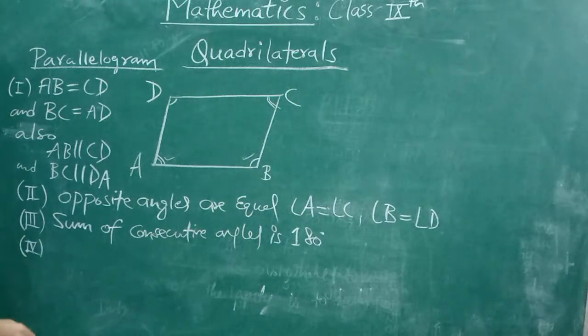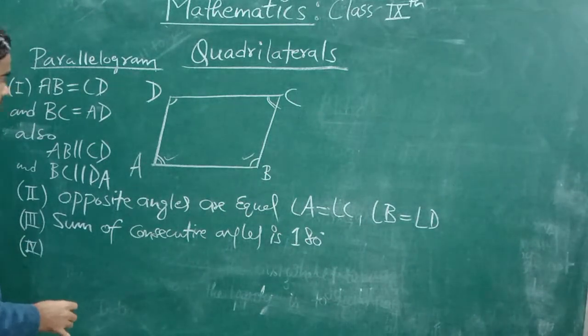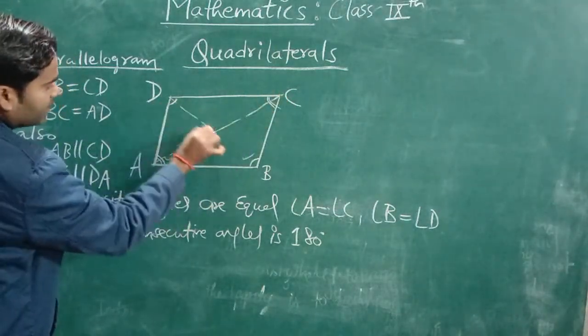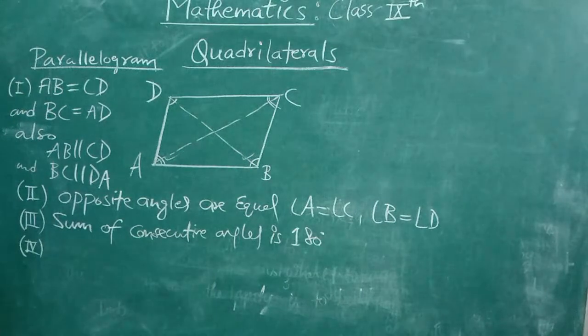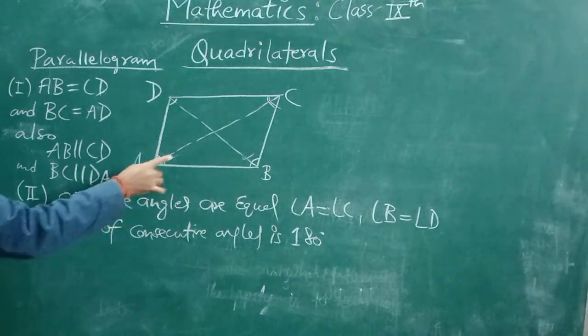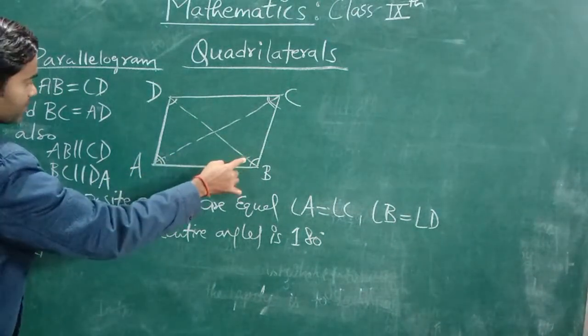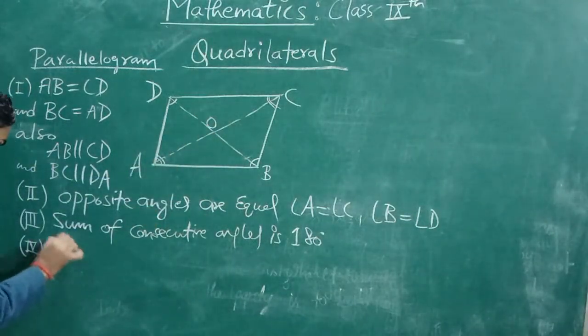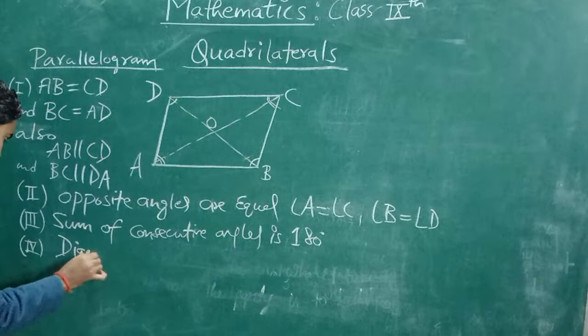The fourth property is about diagonals. Diagonals are AC and BD. So diagonals are unequal. Obviously, in case of parallelogram, diagonals are unequal, but diagonals bisect each other.